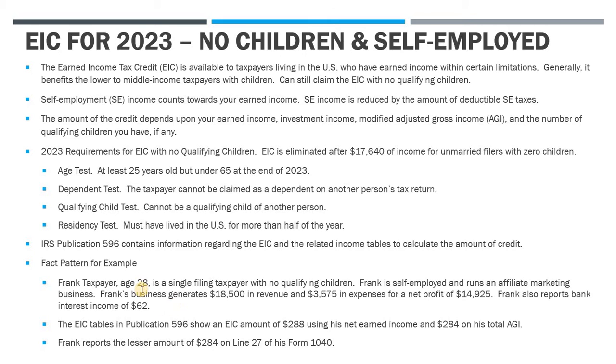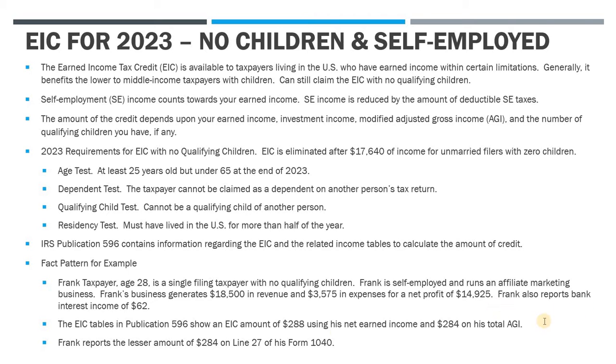So Frank, age 28, so he's over 25. Is a single filing taxpayer and he has no qualifying children. He's self-employed during the year, runs an affiliate marketing business, and so his business generates $18,500 in revenue. He has $3,575 in expenses, and so his net profit is $14,925.